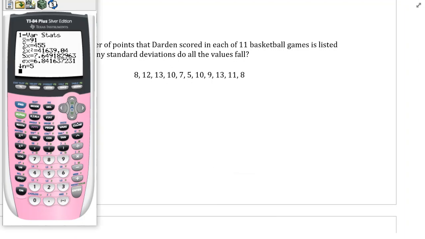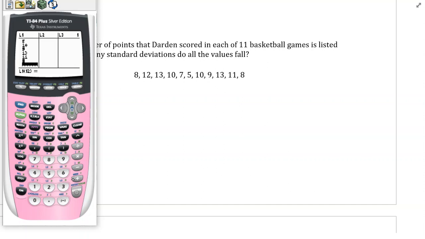So I'm going to start by clearing it out. I'm going to hit enter. I'm going to put in all my data. So 8, and then 12, and then 13, and then 10, 7, 5, 10, 9, 13, 11, and 8.